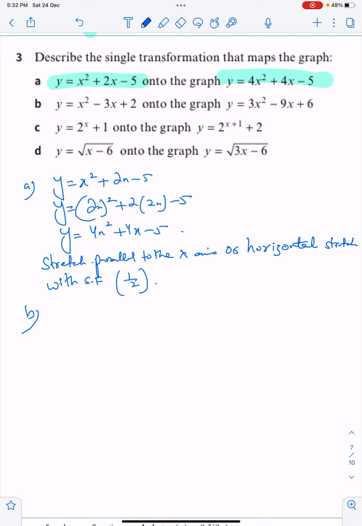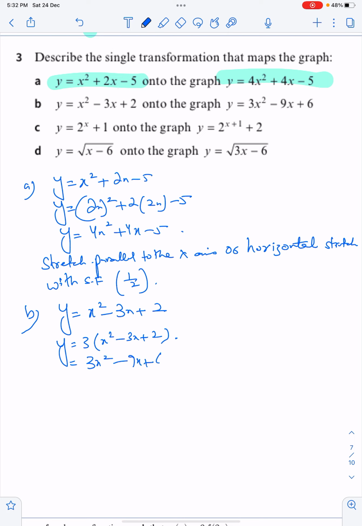Okay, in the B part, the equation is y equals x squared minus 3x plus 2. If you notice, what they have done is they have multiplied the whole equation by 3. So I can just multiply it like this, 3 times x squared minus 3x plus 2. I am going to get 3x squared minus 9x plus 6, which is exactly what they have given us.